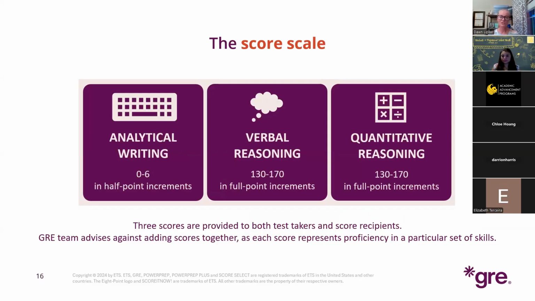Verbal reasoning is on a scale of 130 to 170 in whole point increments, meaning you could get a 157 or 145. Quantitative is the third and final score, again on a scale of 130 to 170 in whole point increments, so you could get a 162. So there are three independent scores on your score report, and the same three independent scores are reported to the individual schools you decide to apply to.